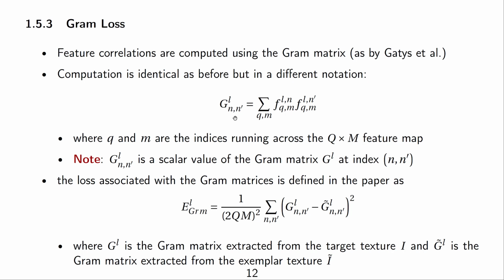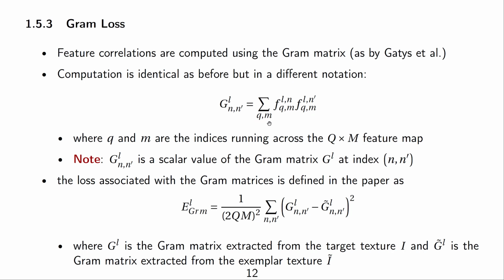So for each scalar value in the gram matrix, we have a sum over all possible pixel positions q, m. That means we have as many elements in the sum as there are different pixels in the tensor. What you see here is really the multiplication of the value in one channel with the value in the other. So n and n prime denote the channels, everything else is the same.